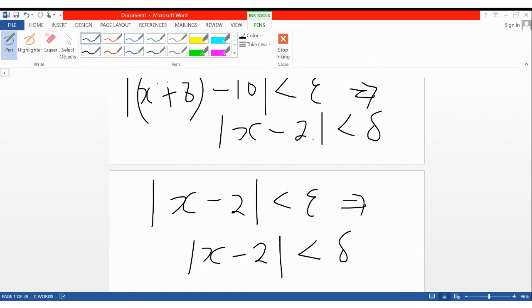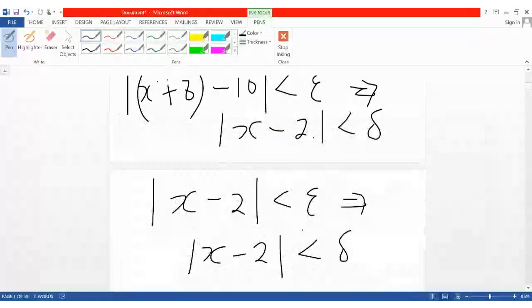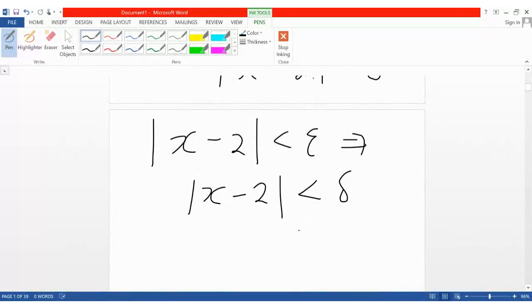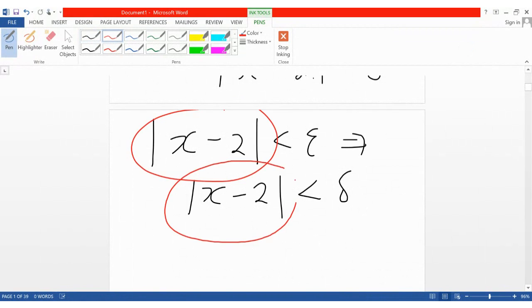You can say that because all of them are identical. Check this one out, this function here and this function there, they are identical. So we have the magnitude of x minus 2 is less than delta, then the magnitude of x minus 2 is less than epsilon.